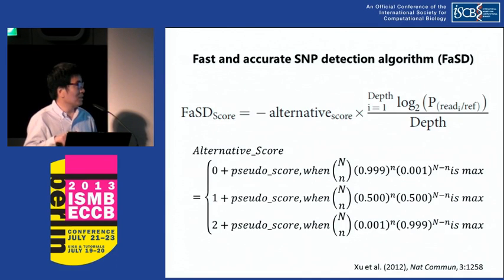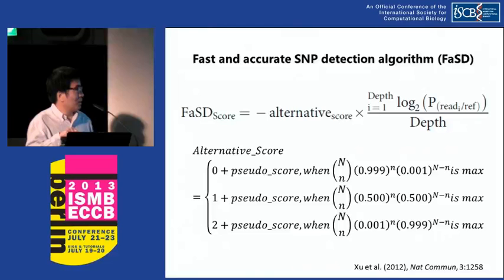Then we use a binomial distribution model, fitting the reads data at that locus to the binomial model to get a score. Similarly, if we assume it is a heterozygote, then you have a 50% chance to be the reference allele and a 50% chance to be the other allele. If it's a homozygote different from the reference, then it's the reverse.